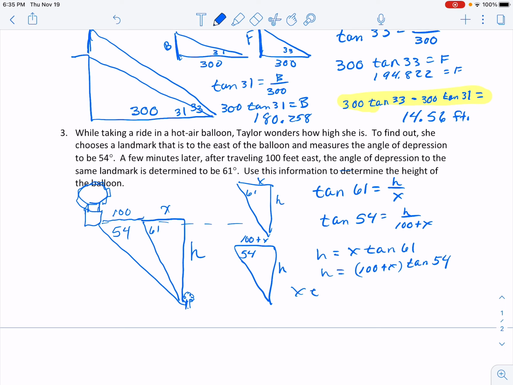So X times the tangent of 61 equals 100 plus X times the tangent of 54. Sorry, 61 and 54.